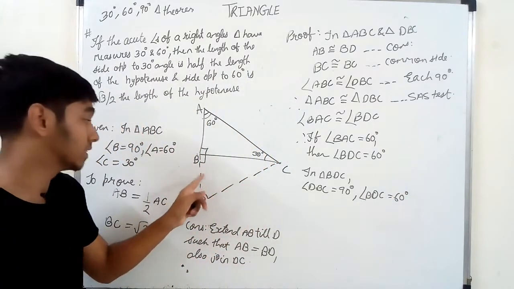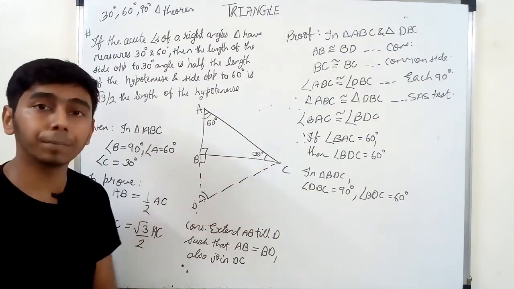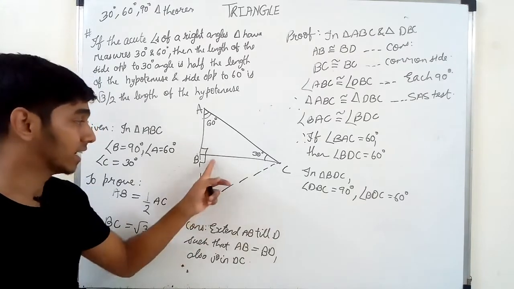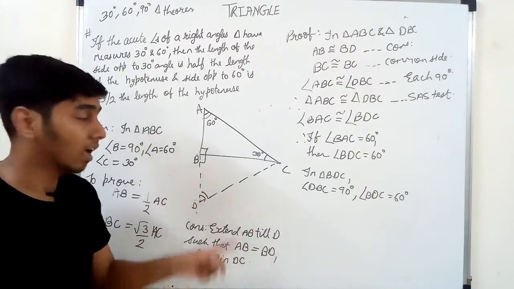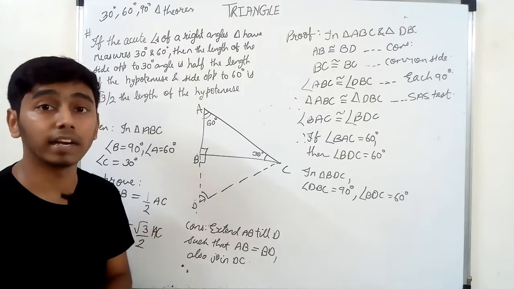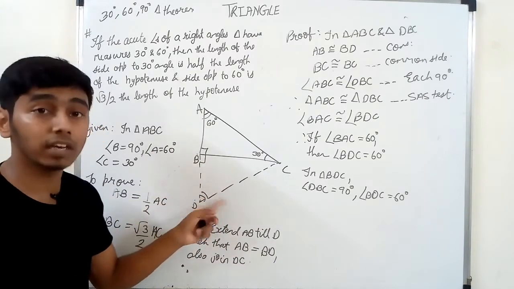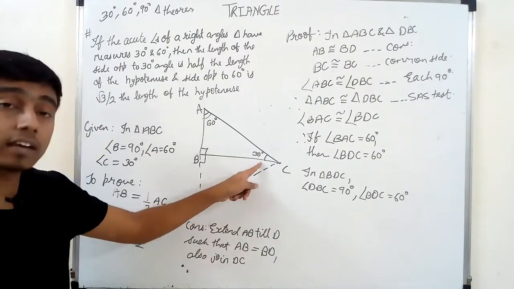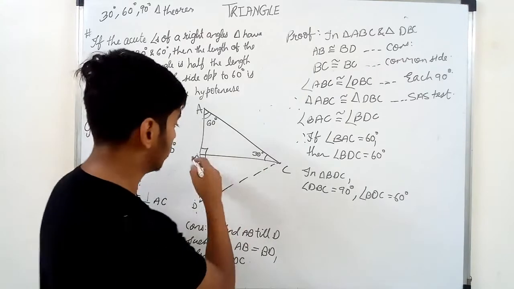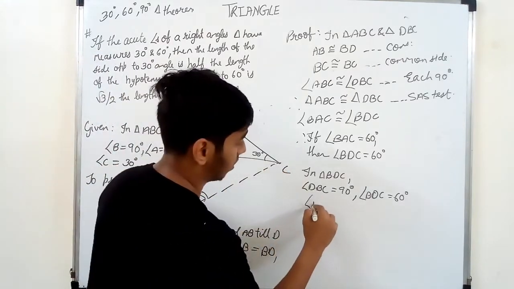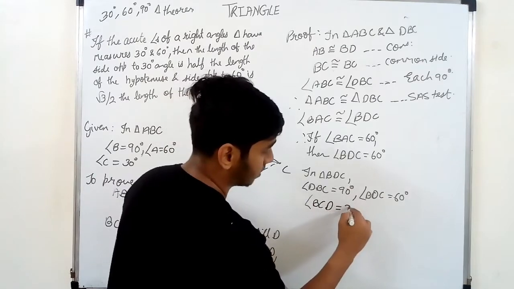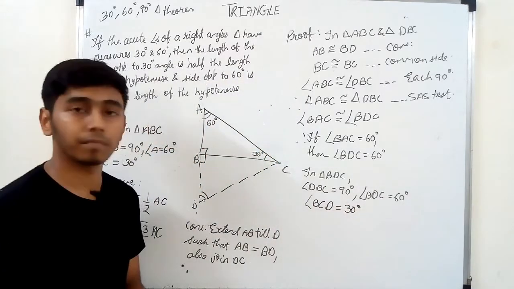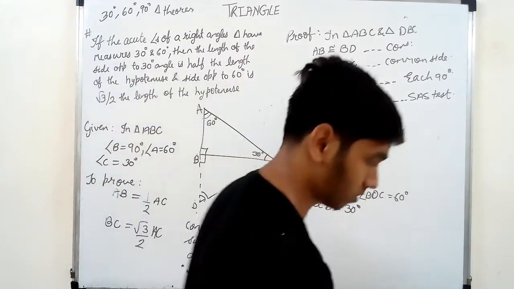Therefore, if this is 60 and this is 90, what will this angle be? 30, because 90 plus 60 gives you 150 and the sum of the angles is 180. Therefore, 180 minus 150 gives you 30. So this angle will be 30 degrees. So we can say BCD is equal to 30 degrees.